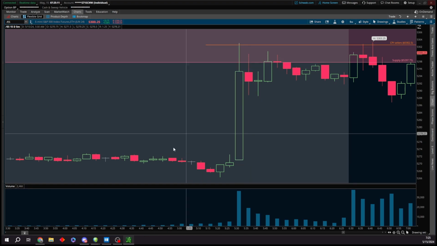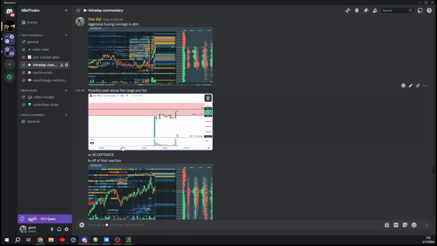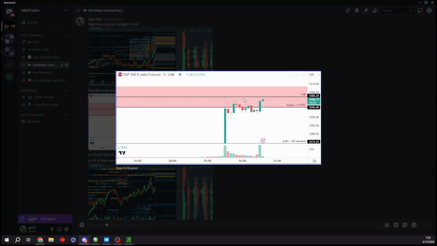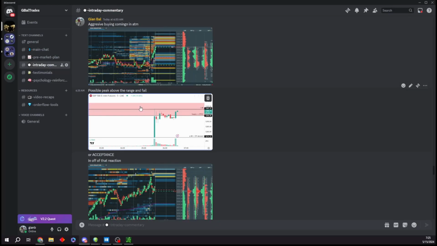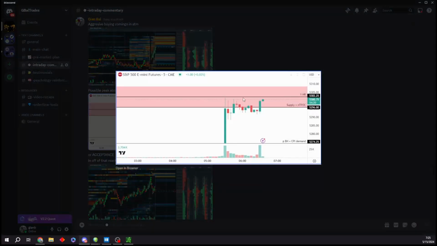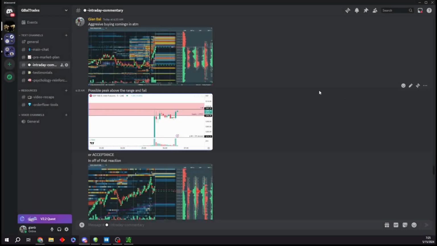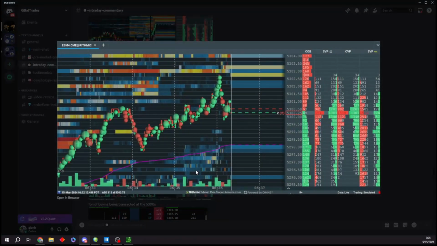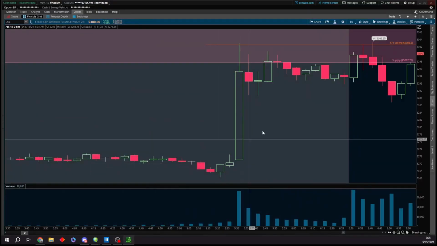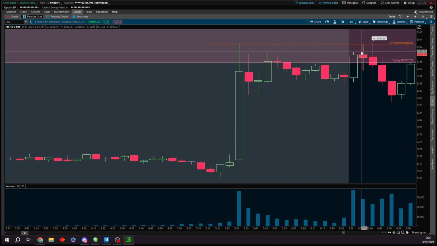And what I said and updated in the intraday commentary was there could be a possible peak above this range and fail, or we get acceptance off of that, where buyers accept the higher prices and then we move off of that. And what happened was on the tape, we broke high of day into the 5303s, which aligned with the CPI highs.